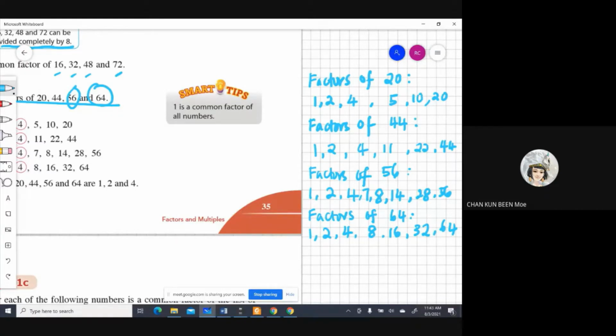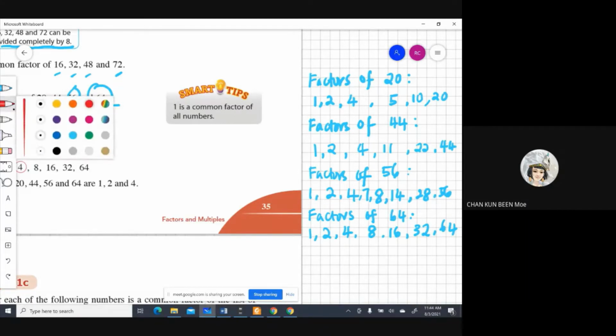Now from here, because they ask you to list down the common factors of 20, 44, 56, and 64, you have to look for the common numbers. So over here, I'm going to circle the common numbers for the factors of 20, 44, 56, and 64.